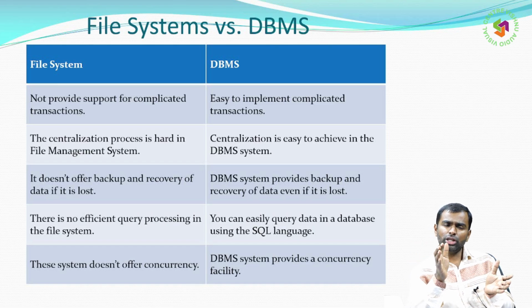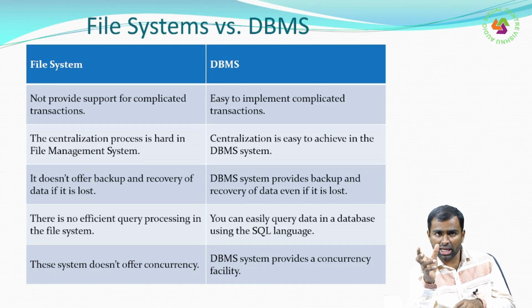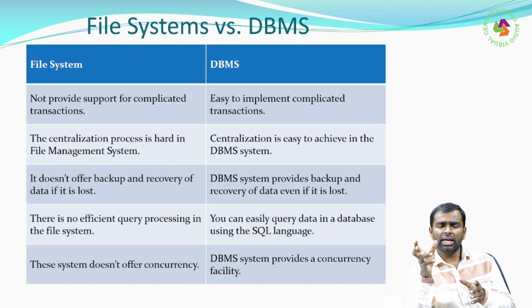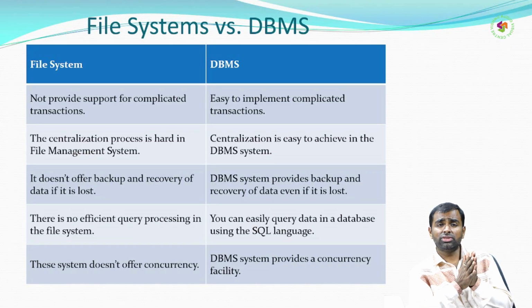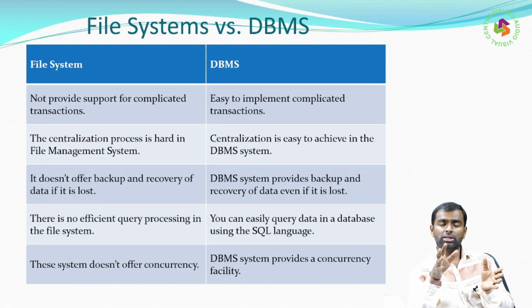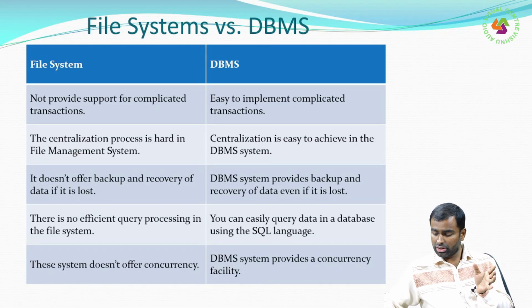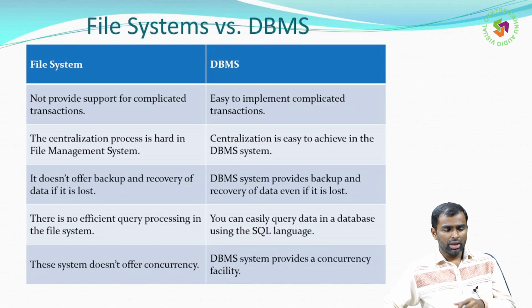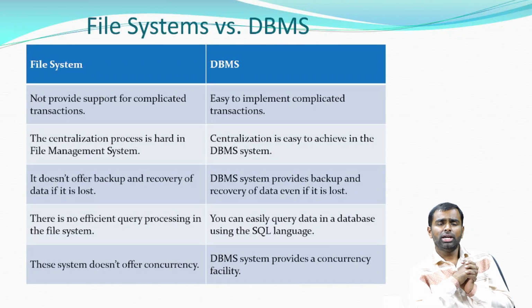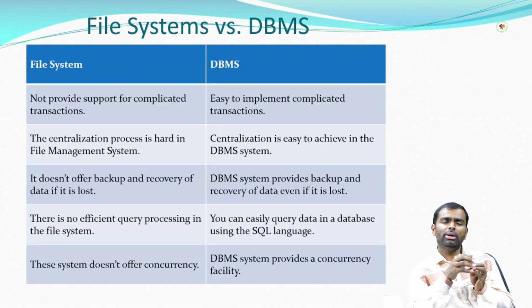So switching from transaction to transaction is easy in a database system, whereas the switching mechanism is not there in a file system. These are the main differences between file systems and DBMS. Mainly the file system has many more drawbacks, too many drawbacks.